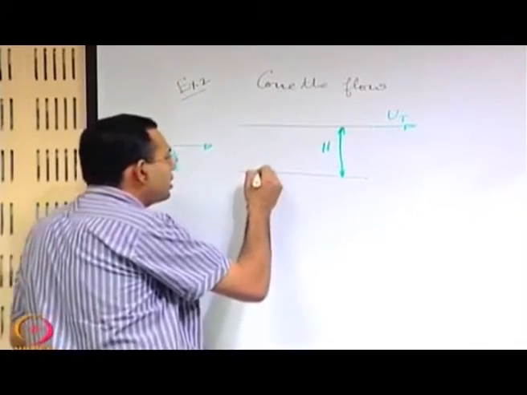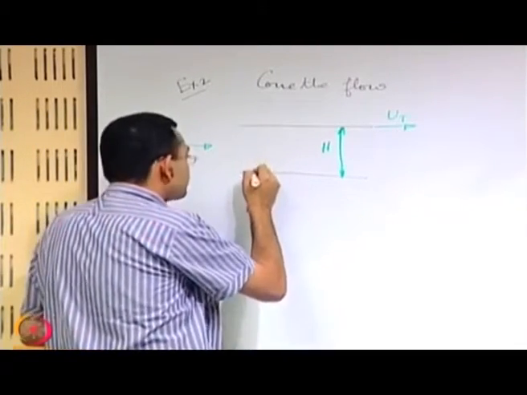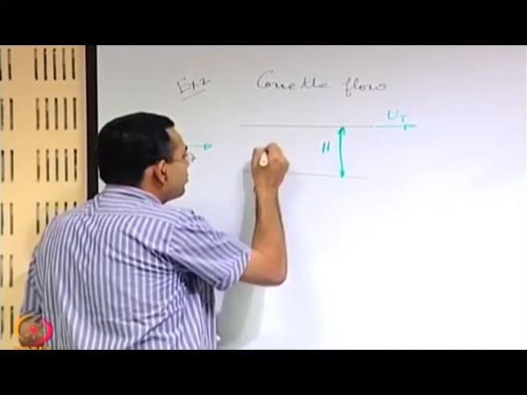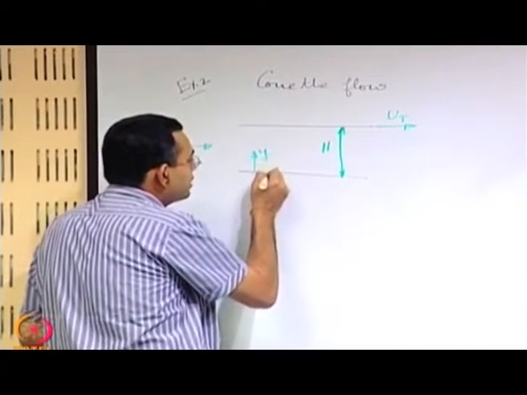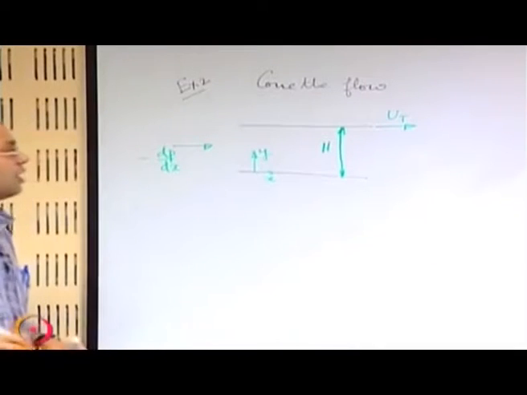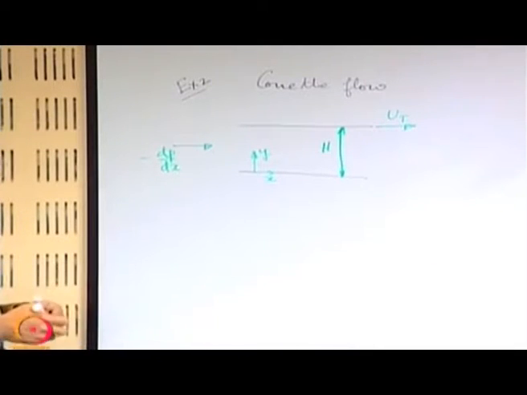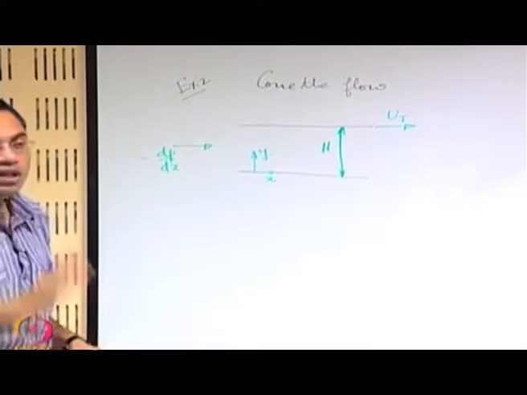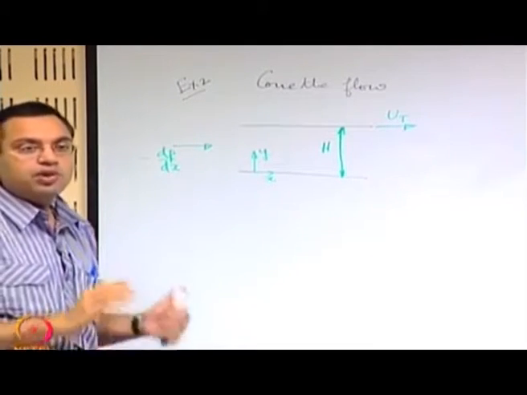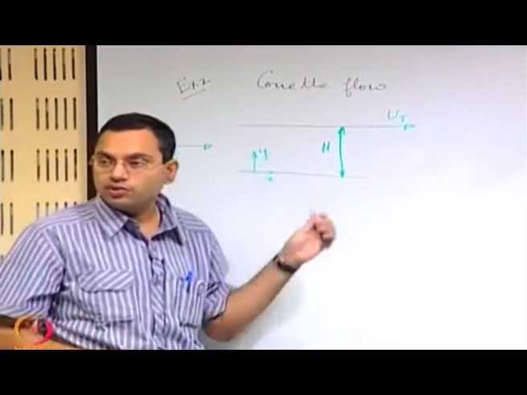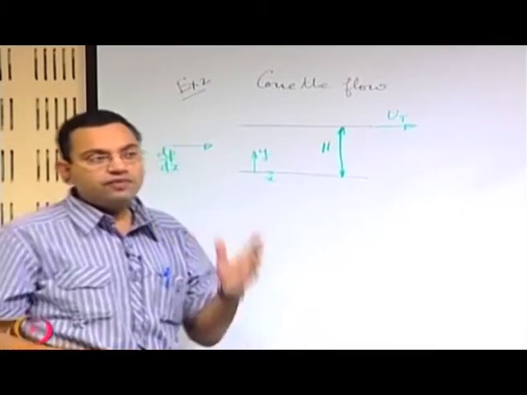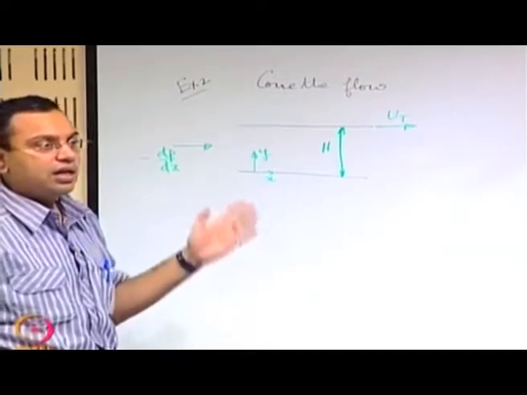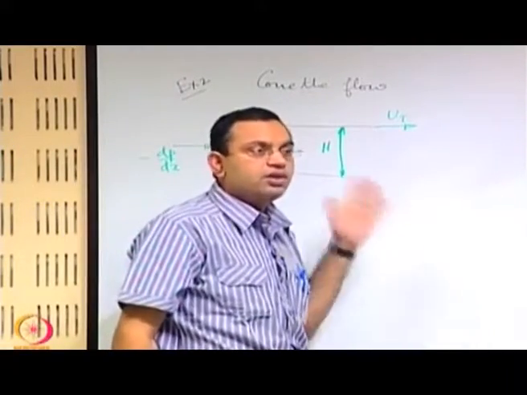So, let us set up a coordinate system, say this is the y axis and this is the x axis, and let us write the equations of motion here. We will keep all the assumptions of the plain Poiseuille flow valid for this problem also: steady flow, constant properties, fully developed flow, incompressible.